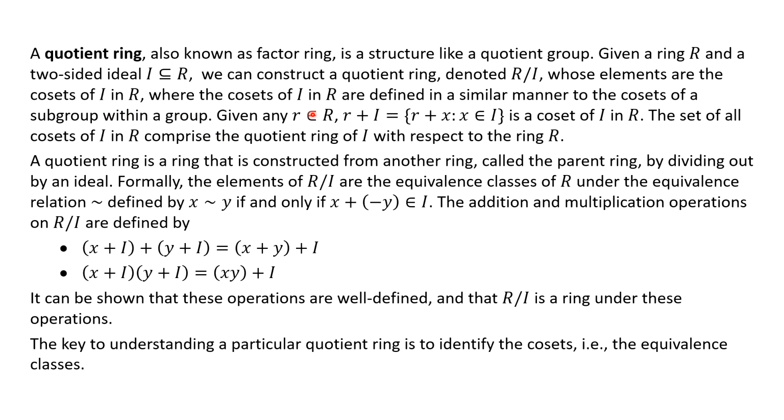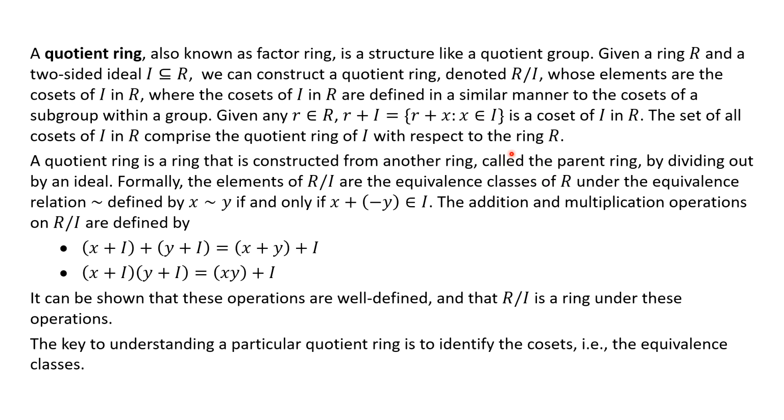So given any r in R, our ring, r plus I is the set of all elements of the form r plus x, ranging x over the values in our two-sided ideal, and that is a coset of I in R. The set of all cosets of I in R comprise the quotient ring of R with respect to I. A quotient ring is a ring that is constructed from another ring called the parent ring.